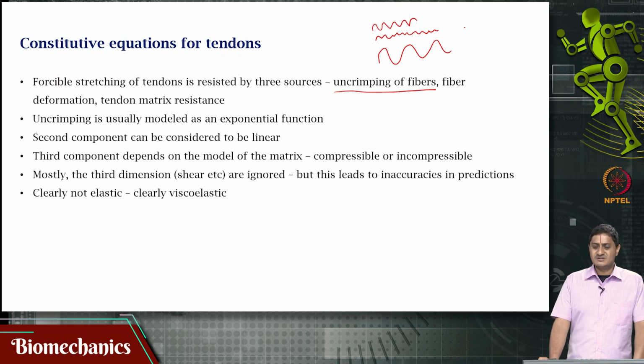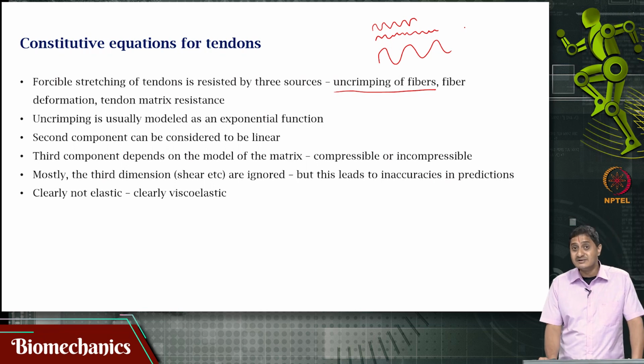resistance, this resistance is because of uncrimping of fibers, and then the fibers themselves deform, and tendons are not composed only of collagen, but the collagen is located in a matrix of tendinous material.